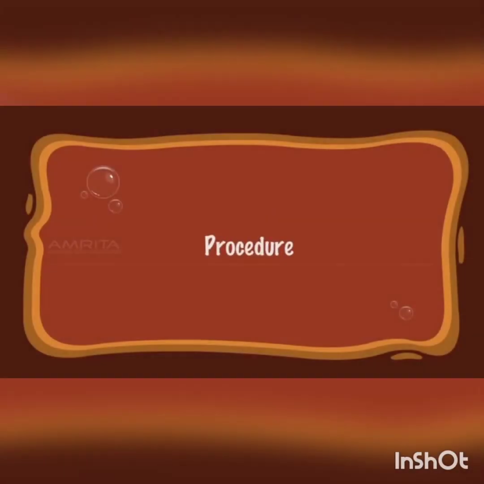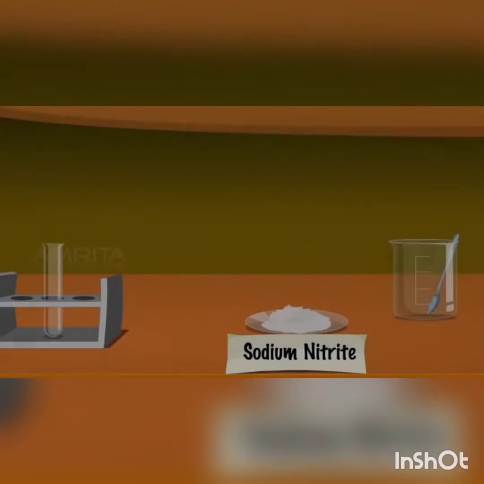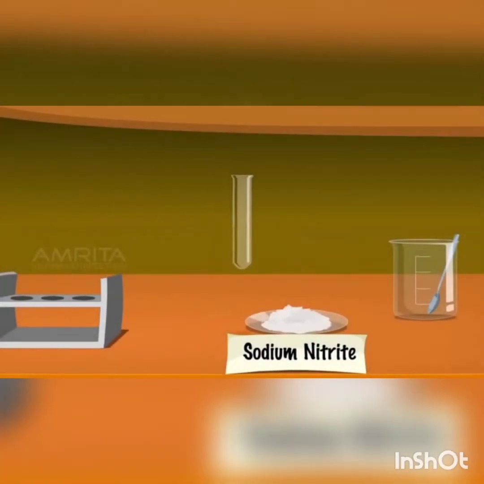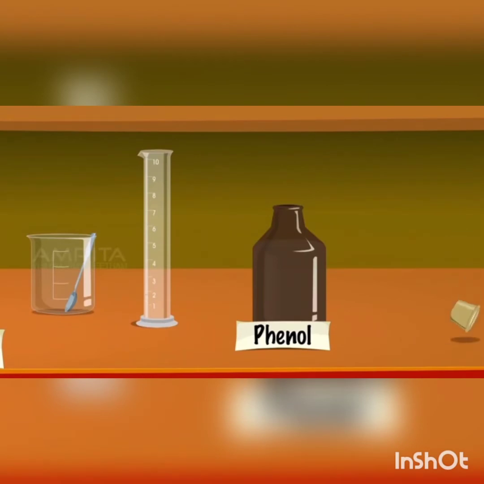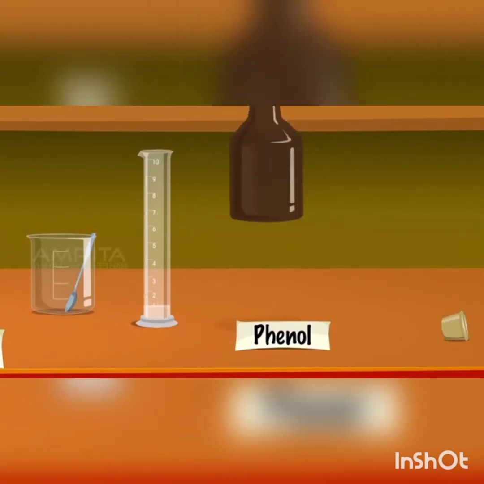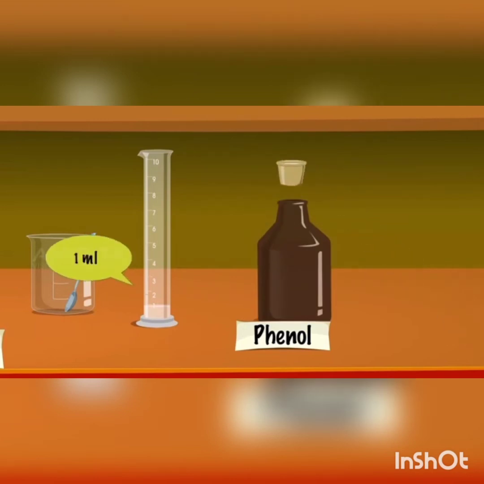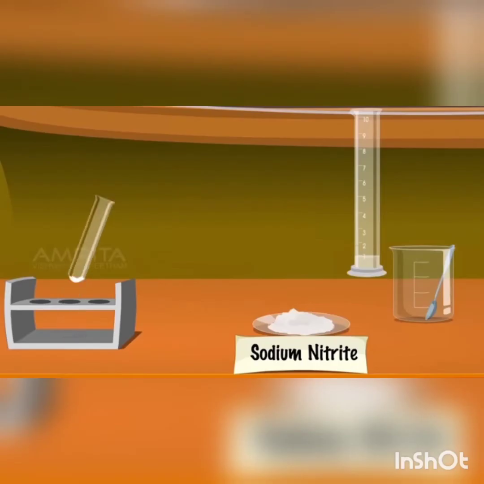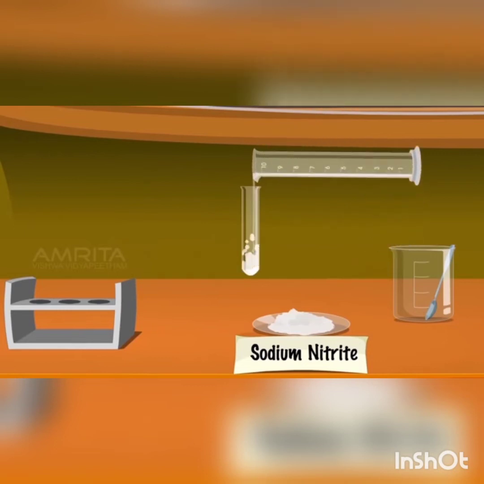Liebermann's test. Procedure. Take a test tube. Add 2 to 3 crystals of sodium nitrite into it. Take a measuring jar. Pour 1 ml of phenol into it. Pour it into the test tube.